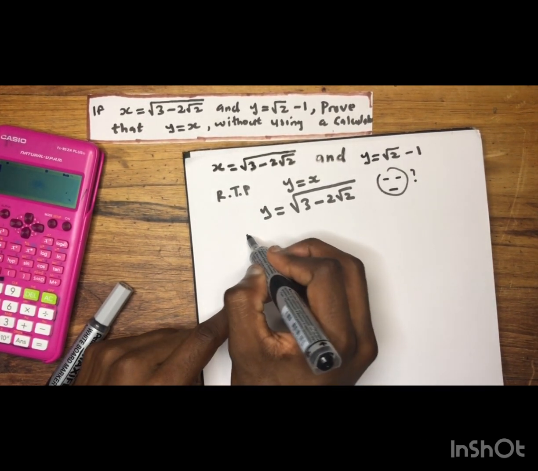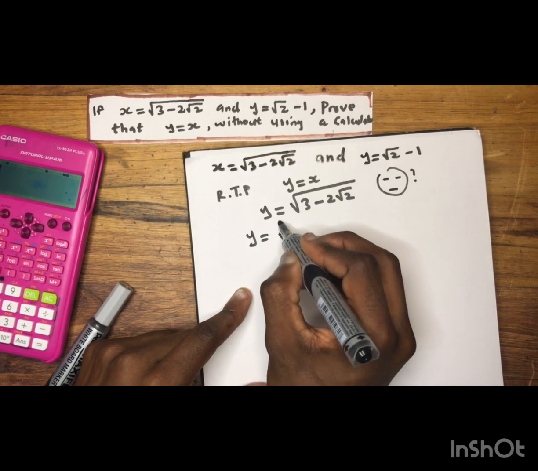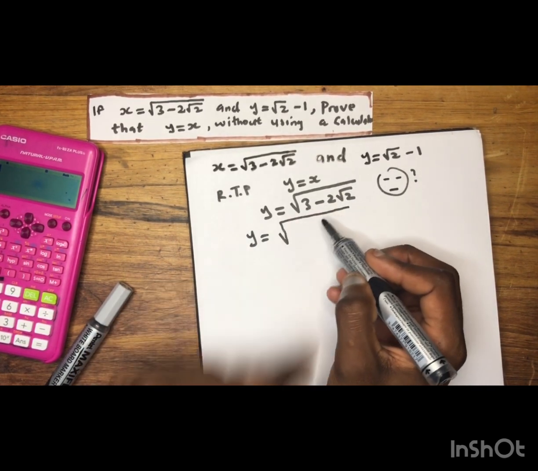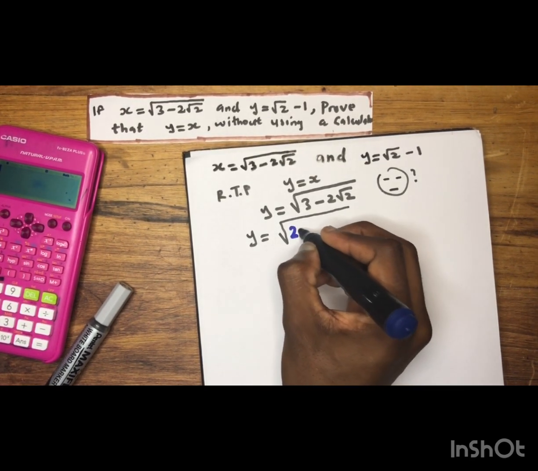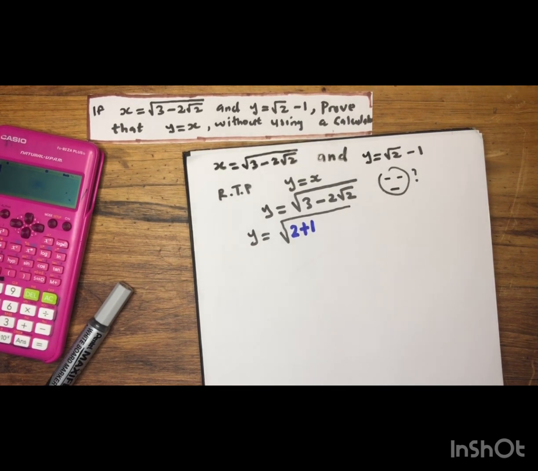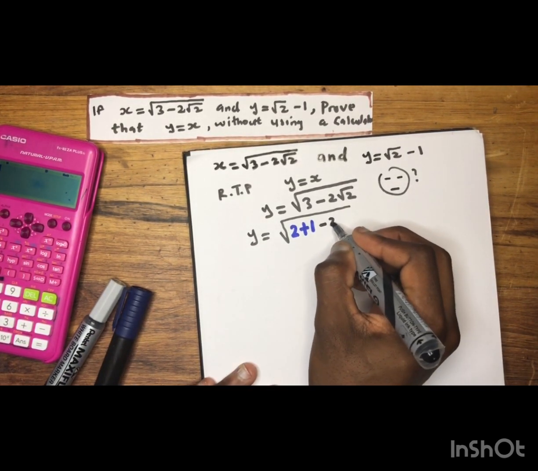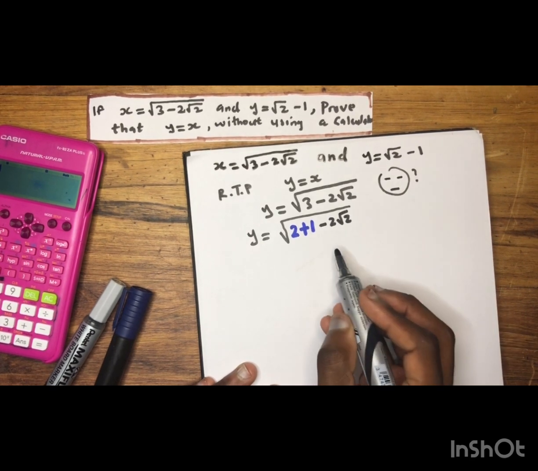So guys, I'm going to drop y again. Let's try to split 3. We know that, guys, 3 is the same as 2 plus 1. Okay? So we have this minus 2 root 2.